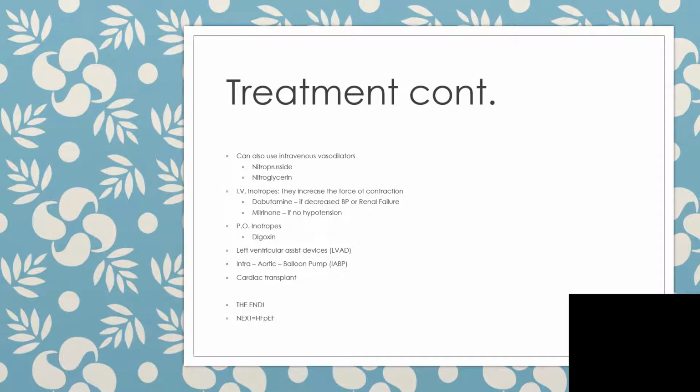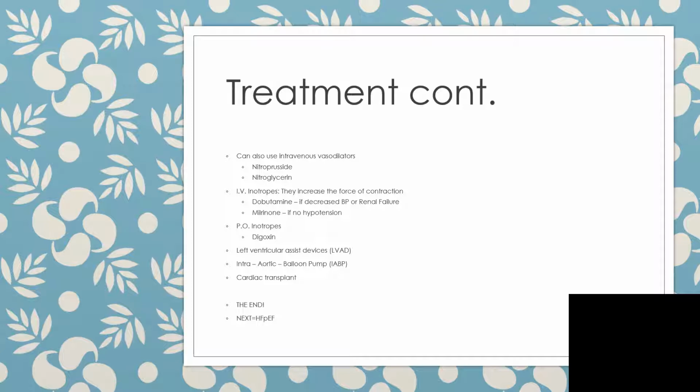Still on treatment, you can also use intravenous vasodilators like nitroprusside and nitroglycerin, and intravenous inotropes, because they increase the force of contraction. An example is dobutamine if there's decreased blood pressure or there's renal failure. You can use milrinone if there is no hypotension.